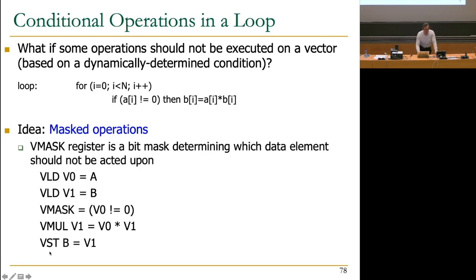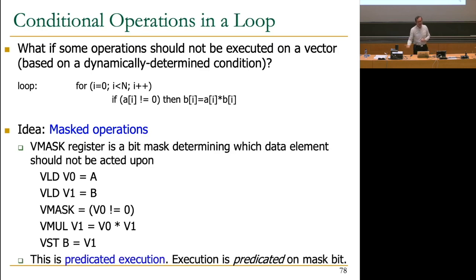That's true for store also, actually. In order to go back to unconditional execution, you need to reset the vector mask register to all ones. If your vector mask register is all zeros, these are actually no ops, right? You still execute them, but in effect, they're no ops because all of the elements in the vector mask register are zeros.